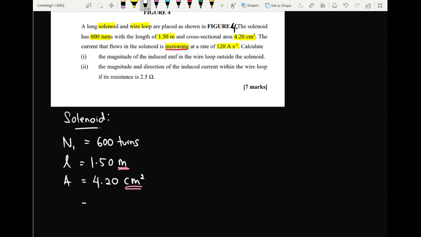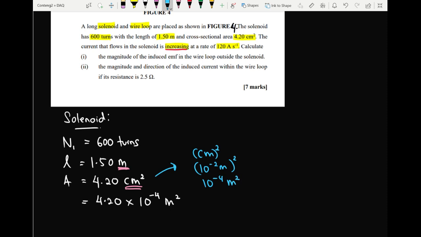Okay, so just change it, 4.20 centi square. So centi is 10 to the power of negative 2 and then square it, you will get 10 to the power of negative 4 meter square. Centi is 10 to the power of negative 2 meter, square it, so it becomes negative 4. Be careful with your unit conversion, okay?